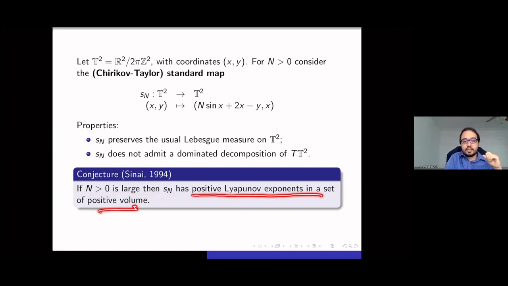This can be translated, using Pesin's entropy formula, to: if n is large, your system has positive metric entropy. Okay, so we don't understand this. We don't have answers for this conjecture yet.